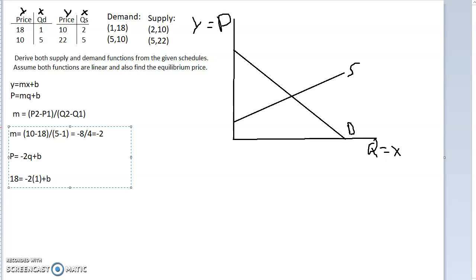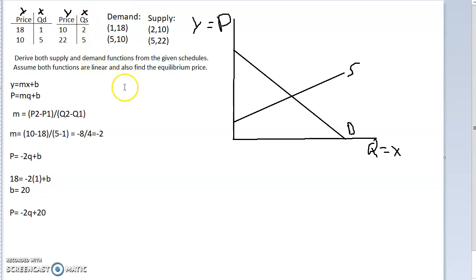Okay, and so I'm going to get b equals 20. Okay, so our function is now done. And so the demand function is p equals negative 2 q plus 20. Okay, so that's demand is done, or rather that's an inverse demand function.